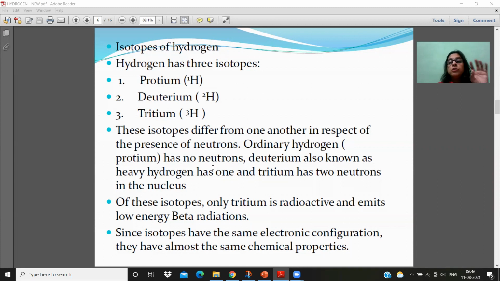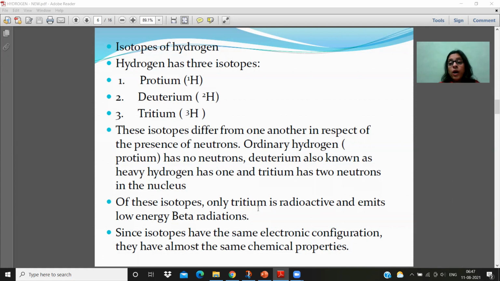The number of protons remains the same in all atoms of an element, but the number of neutrons can vary, and that's why protium, deuterium, and tritium differ from one another in neutrons. Ordinary hydrogen, protium, has 0 neutrons, deuterium has 1 neutron and is also known as heavy hydrogen, while tritium has 2 neutrons, and 1 proton in each case. 1 proton is present in the nucleus of protium, deuterium, and tritium.